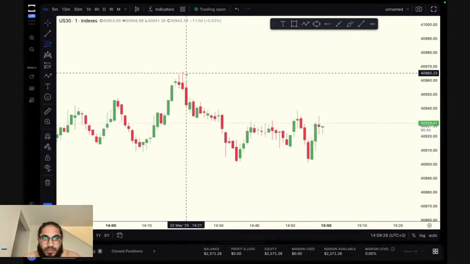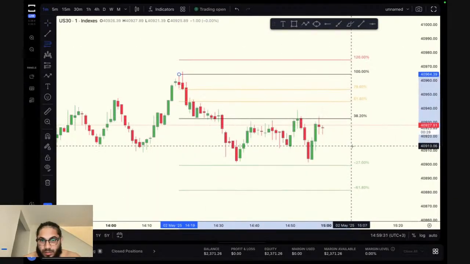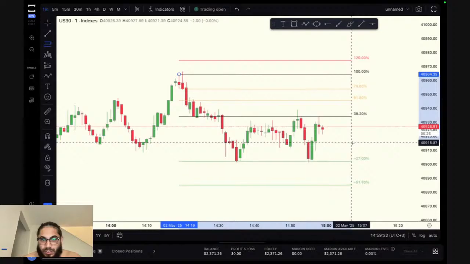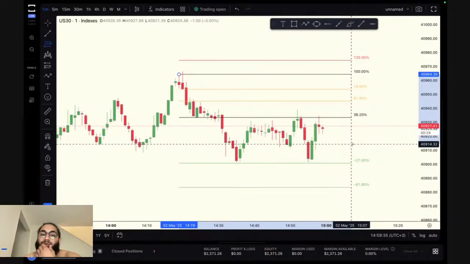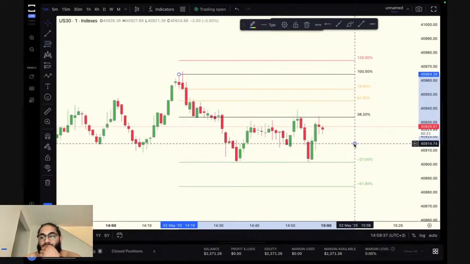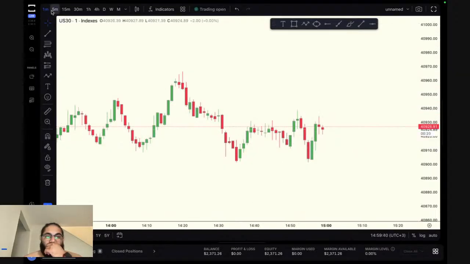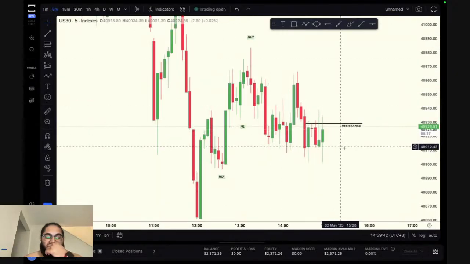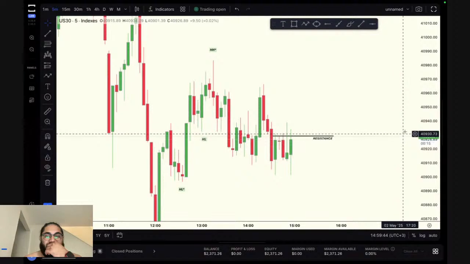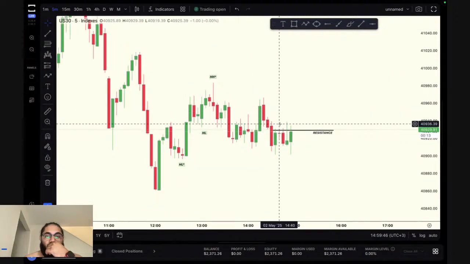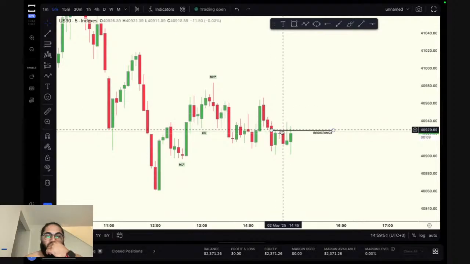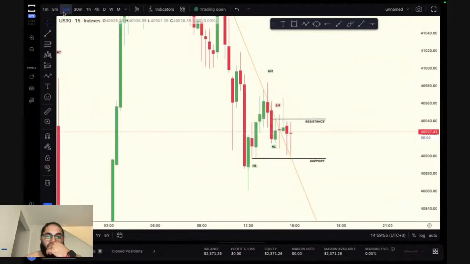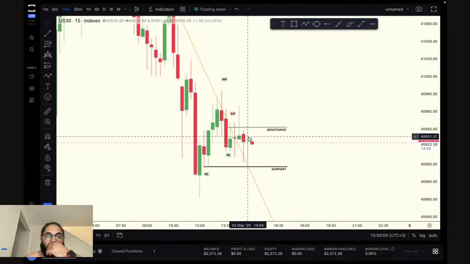But nonetheless, right, this would be that here, but they're not even at 38.2. Based off of M5, we'd be breaking at 23.6 here. Breaking this 23.6 for above here. Straight up.